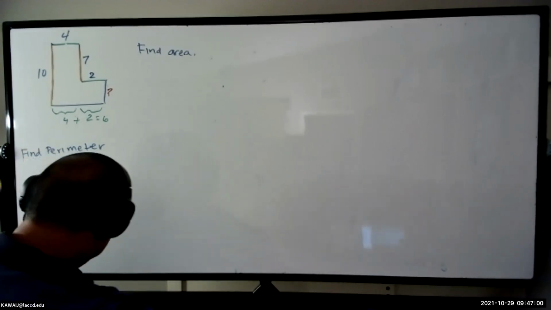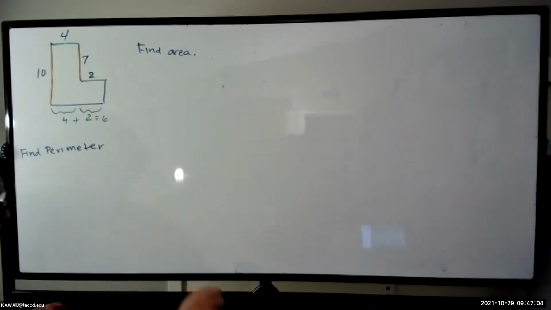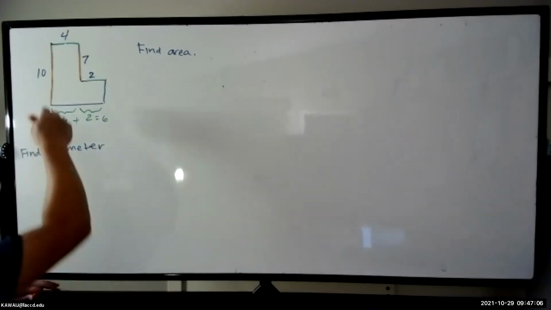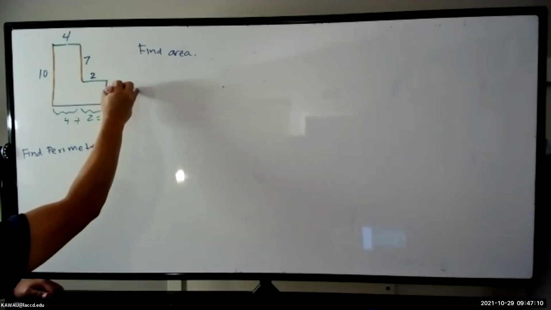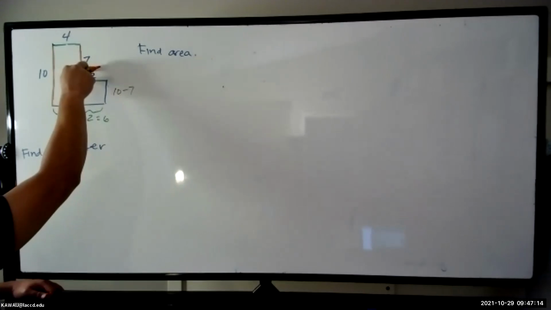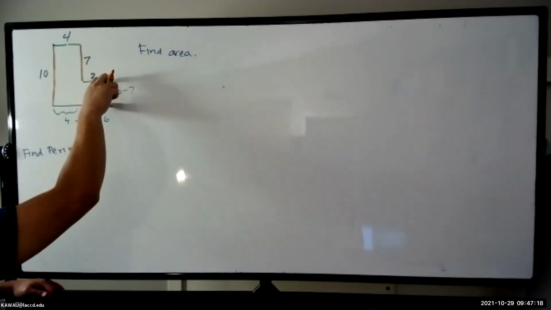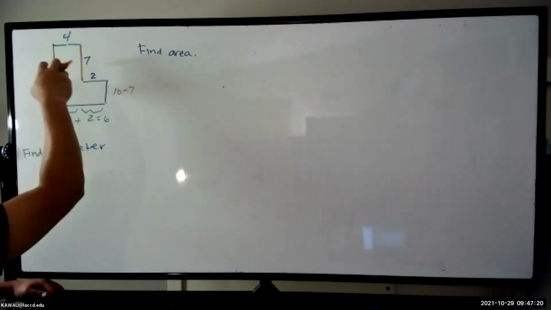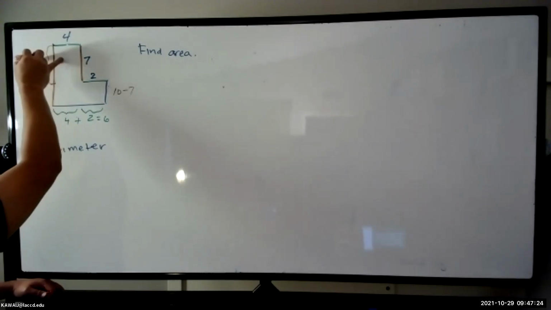So now this is this right here. Okay. Now the longest side is 10. The shorter side is 7, right? This length plus this length is equal to here. So up to here, that's 7.